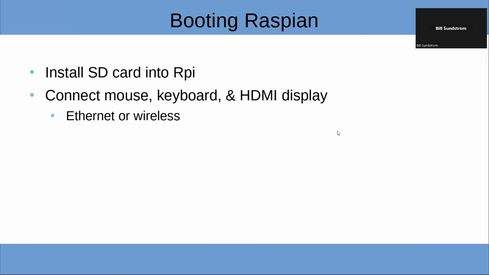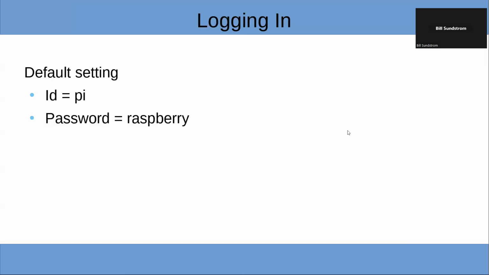Okay, so we hook it up. Now, when we bring it up, this trips people up: they can put in their own personal ID and password, and then they forget it. It has a default ID and password, which the ID is pi, and the password is raspberry.